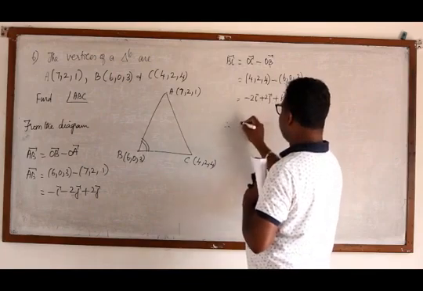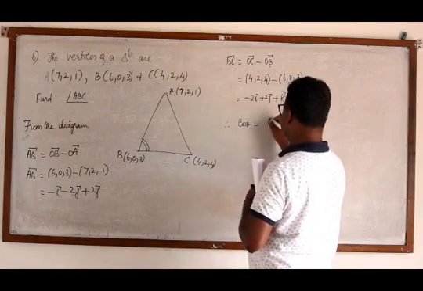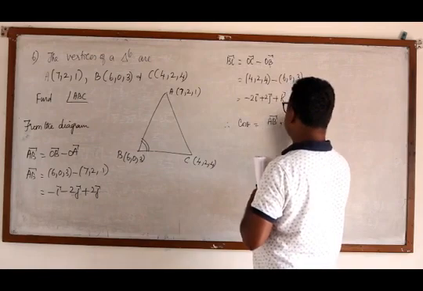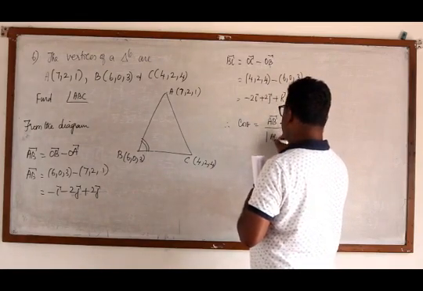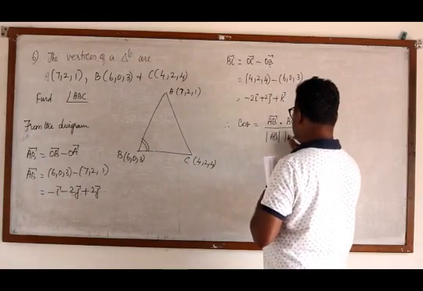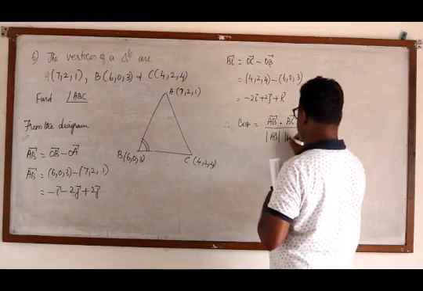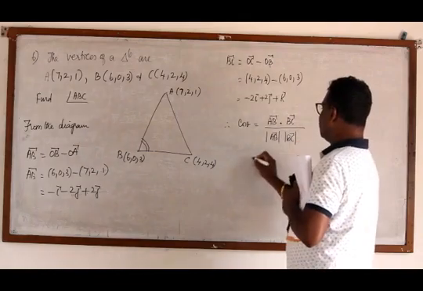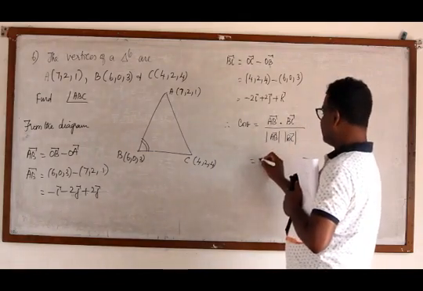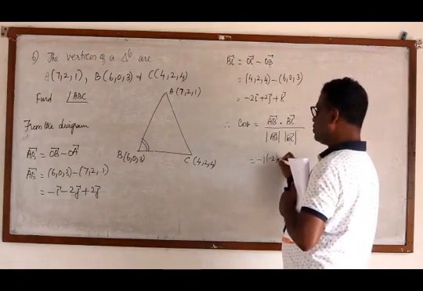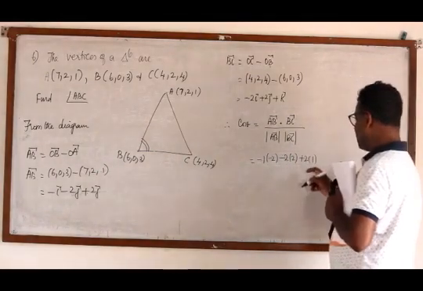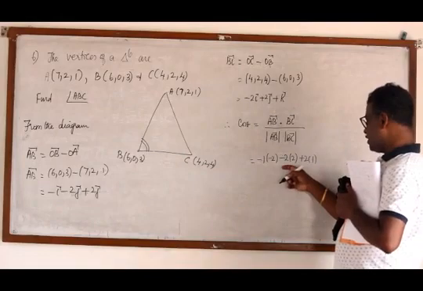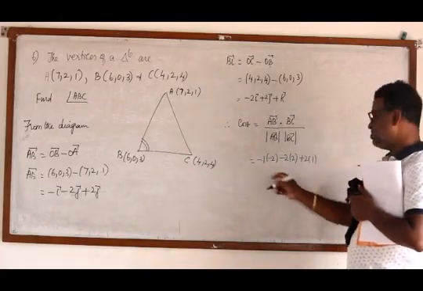Therefore, we shall find cos theta. That is AB vector dot BC vector by modulus of AB vector into modulus of BC vector. AB vector dot BC vector is minus 1 into minus 2, minus 2 into 2, plus 2 into 1. 2 minus 4 plus 2 becomes 0.